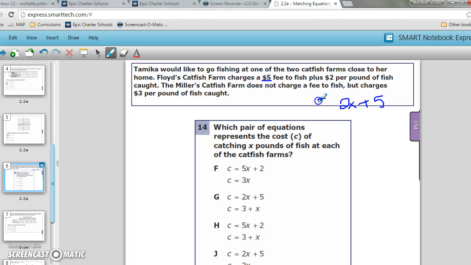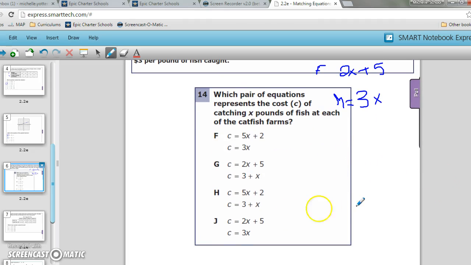So that's at Floyd's farm. Okay, and at Miller's farm, he does not charge a flat fee, so we won't have any y-intercept, but he charges $3 per pound. Okay, so that looks like J. Okay, $2 per pound plus a flat fee of $5, and this one's just $3 per pound.